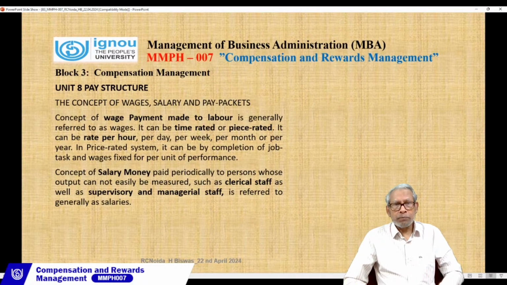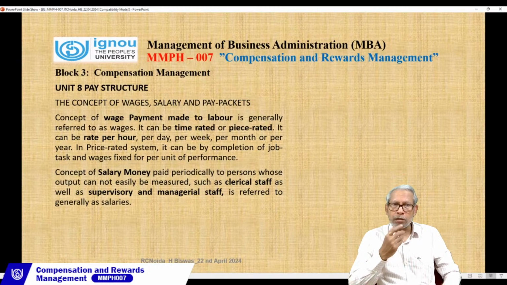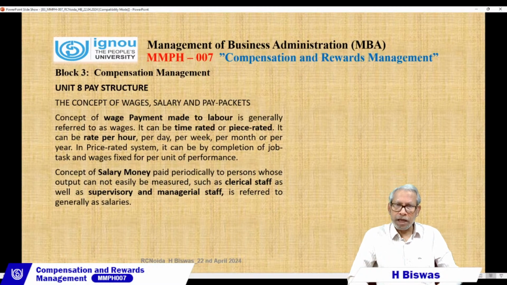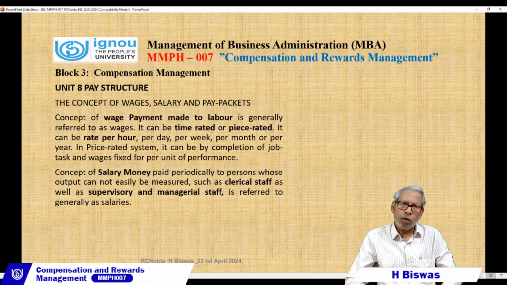The payment method made to labor is generally referred to as wages. So what you are paying to the labor, we can say these are the wages. It can be time rated, because 8 hours will do the work for this much amount. Or piece rated.